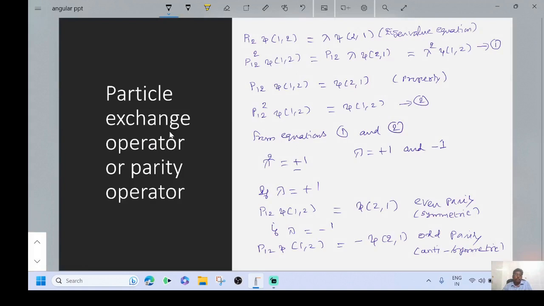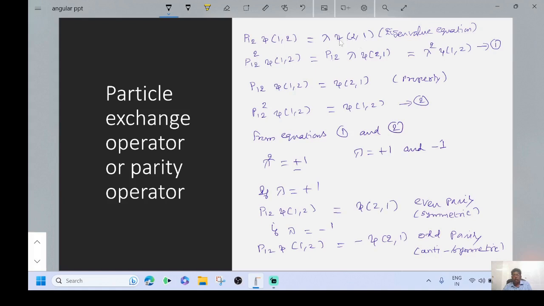The particle exchange operator is nothing but our parity operator. This is the eigenvalue equation of the particle exchange operator P12: P12 into psi of 1 comma 2 equal to lambda into psi of 2 comma 1. If you apply the particle exchange operator once again, P12 square into psi of 1 comma 2 equals P12 into lambda psi of 2 comma 1.